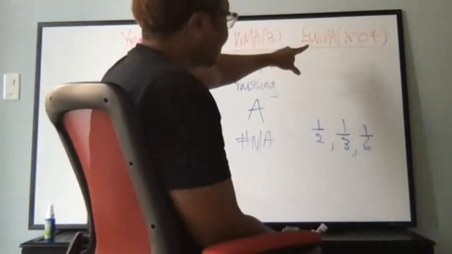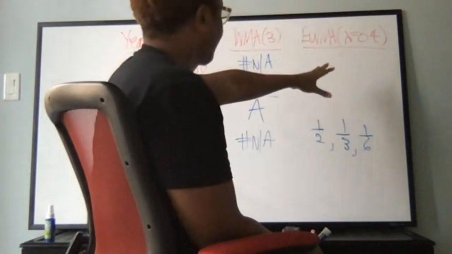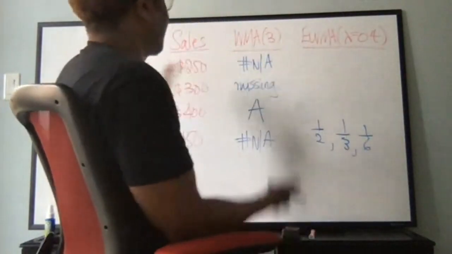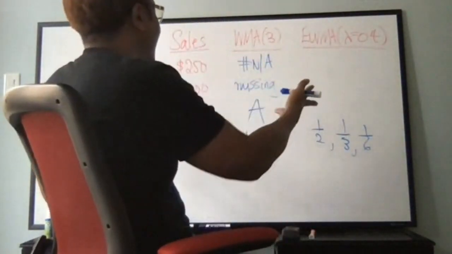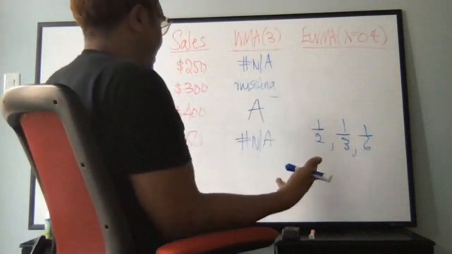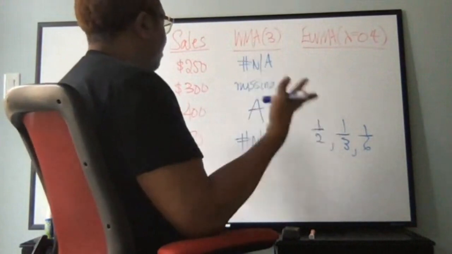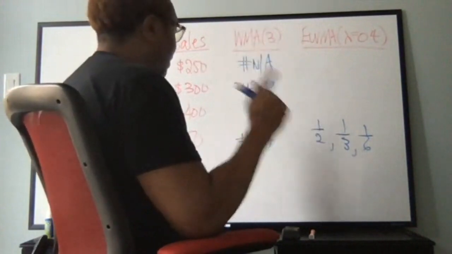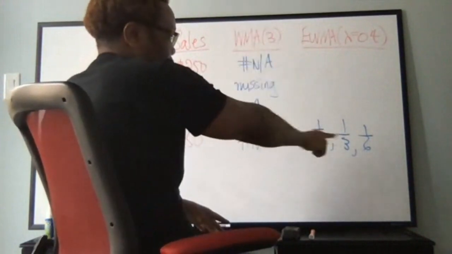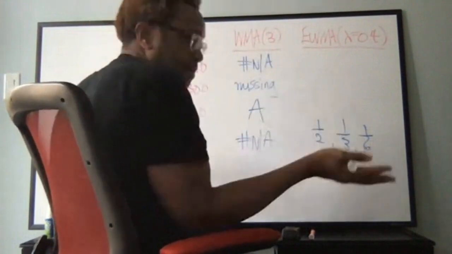Just like EWMA, and we're going to get to that in a second. But suppose I just give you a table that looks kind of like this, and I say, find the value of A. Do you see how this problem makes you, first of all, have to know that you have to use these 3 fractions at some given point?